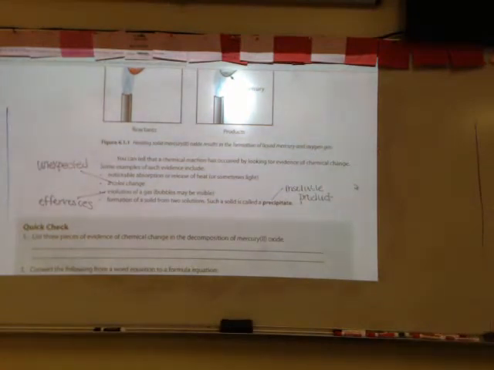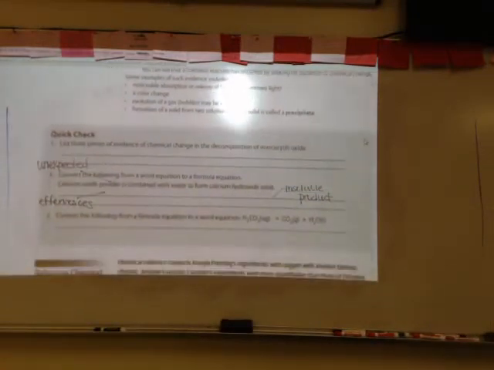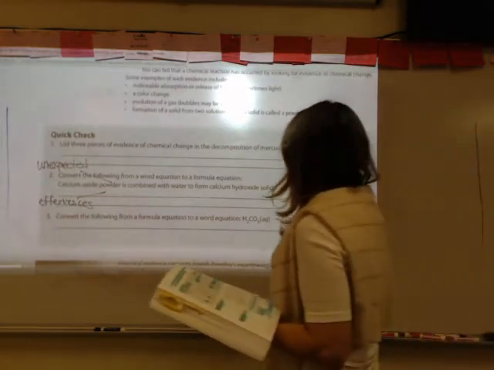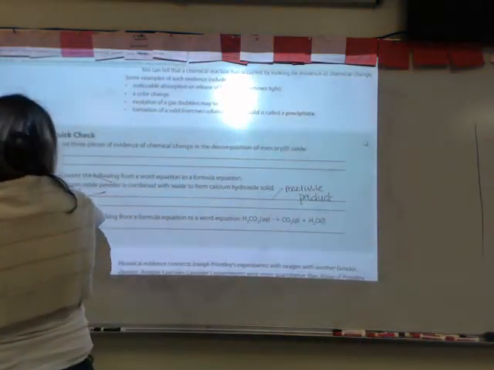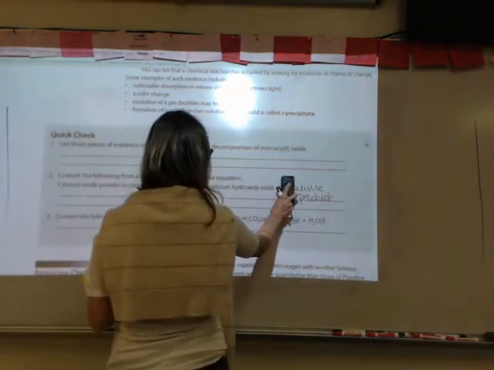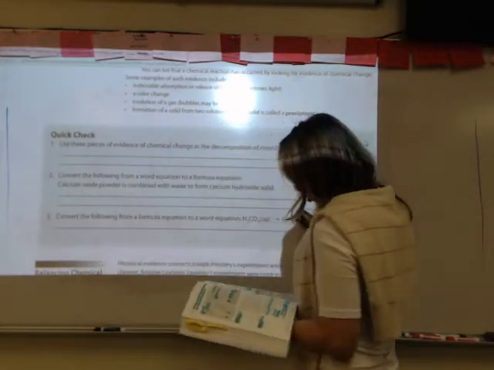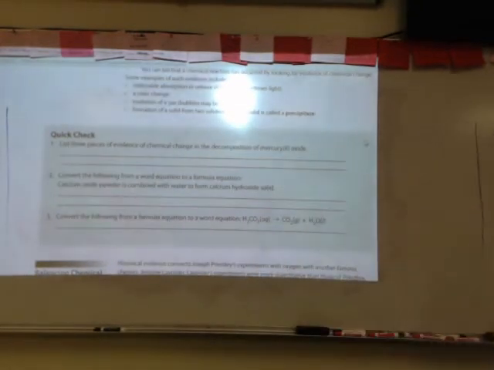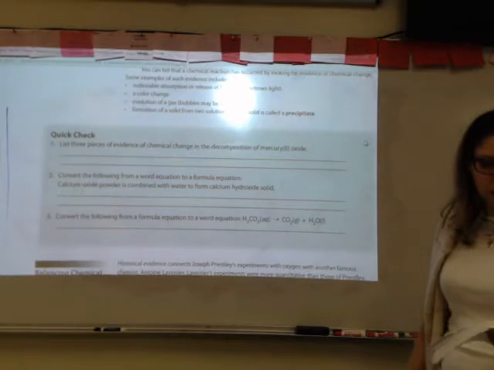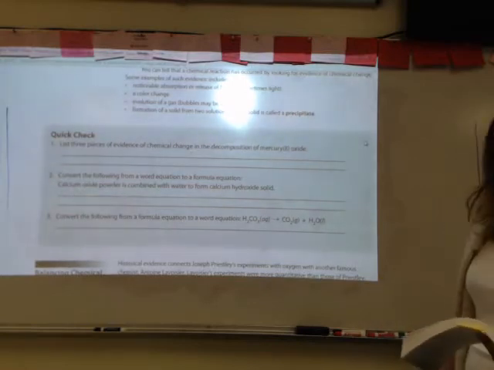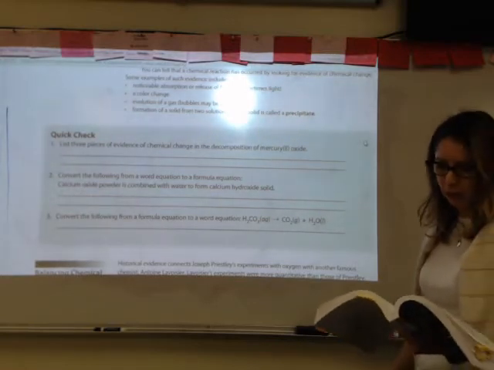Let's take a look at the quick check. List 3 pieces of evidence of a chemical change in the decomposition of mercury 2 oxide. So before I have given you some colors and some different states of matter for the reactants and the products on the previous page.